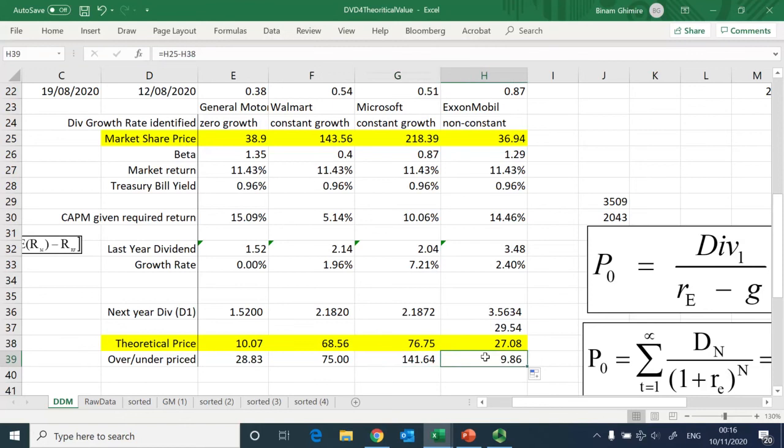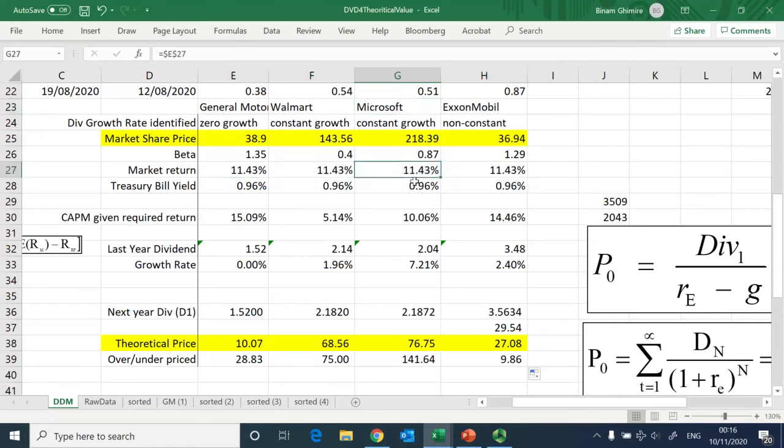Now it could be due to different factors, including the limitations of the model, such as the CAPM given required rate of return remains the same throughout the period, and so on. So what you can do therefore is see, for example, you can change the market rate of return if you think that the market S&P 500 doesn't, let's say, represent Microsoft very well.